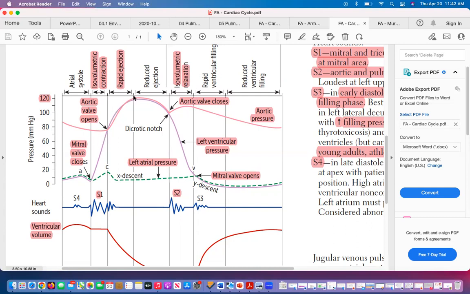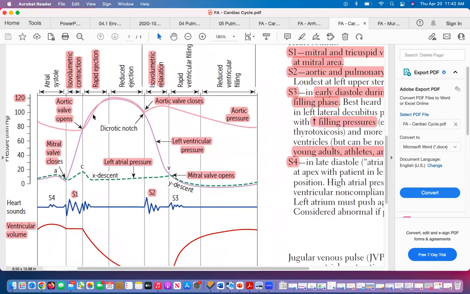After the aortic valve opens, the blood goes through the aorta. First, we have the rapid ejection phase. That means the blood is going through the aorta, ejecting very rapidly. And at the end of the rapid ejection phase, you see that the pressure in the aorta is 120 mmHg.